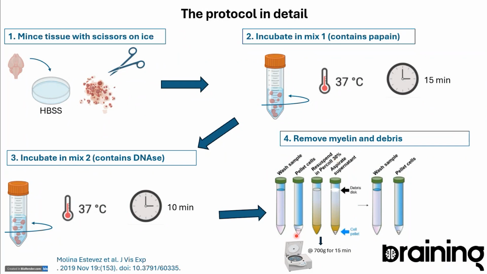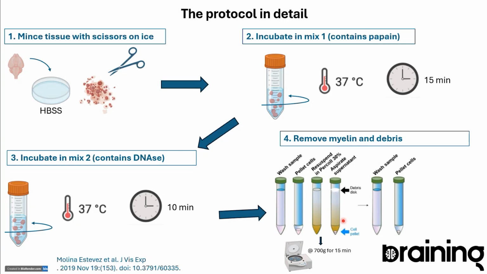And then eventually you centrifuge it using a Percoll gradient. Percoll is a solution which has a specific density. So after centrifugation, the myelin debris and very lipid-containing particles will go on the top, and on the bottom you will have your cells.